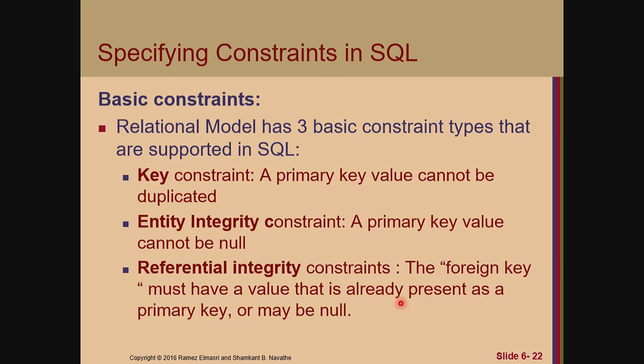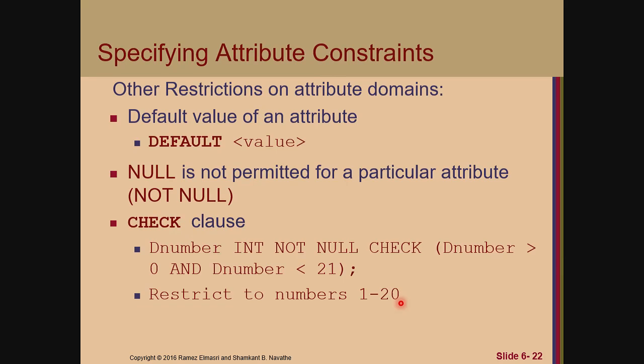Key can be null or not null, of course not null. And also about duplication, when you select the column as the key, the column cannot be duplicated, right? And the other one is about referential integrity, reference to the other table. And also you can set the default for each attribute, and can set null and not null, and check in more detail about your conditions. For example, the range of the data domain inside the attribute. You can set it up.